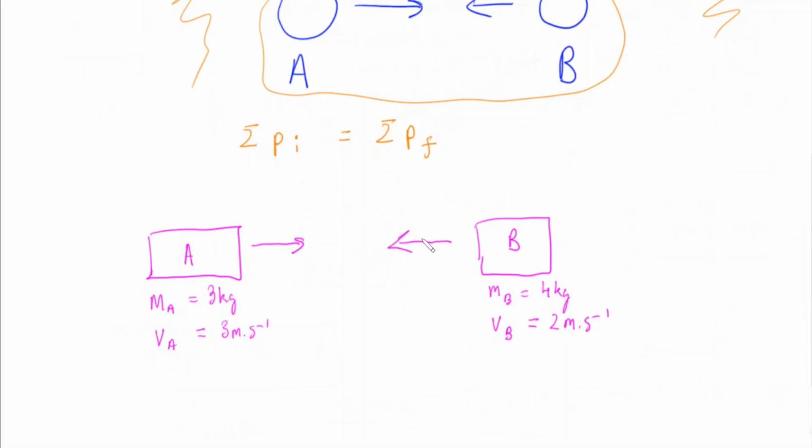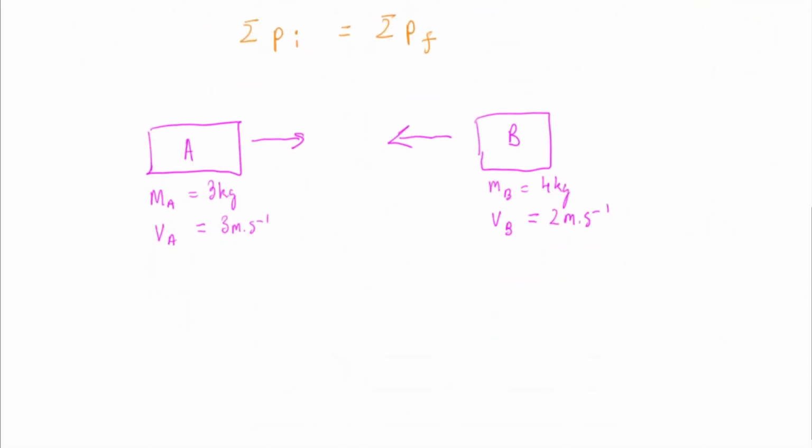And let's say after the collision they remain locked together so that they travel with each other. So if I sketch that out, it would look something like A combined with B, and let's say B is a little bit bigger because it's 4 kilograms. But how do we know which direction this is going to travel in?